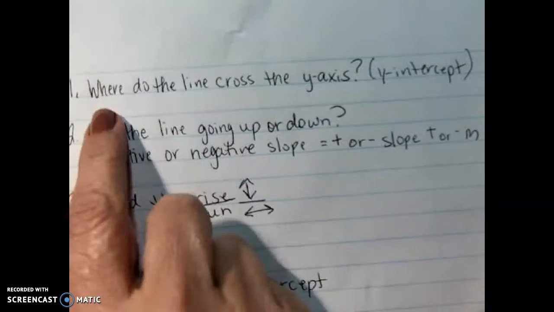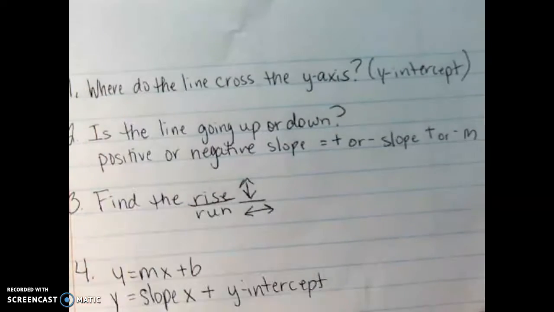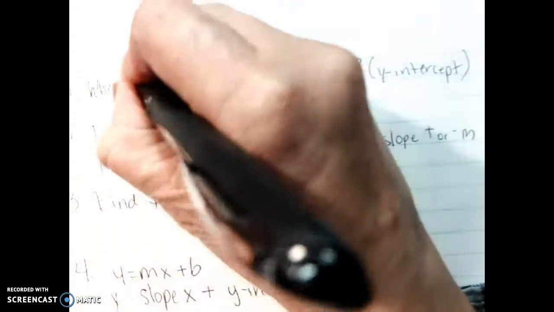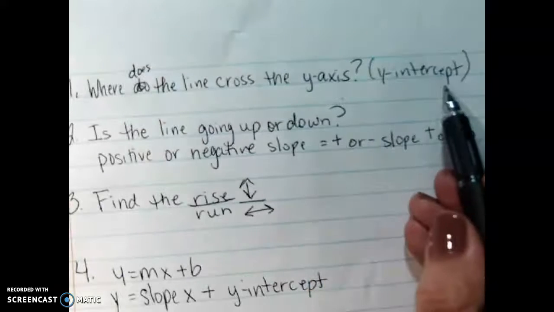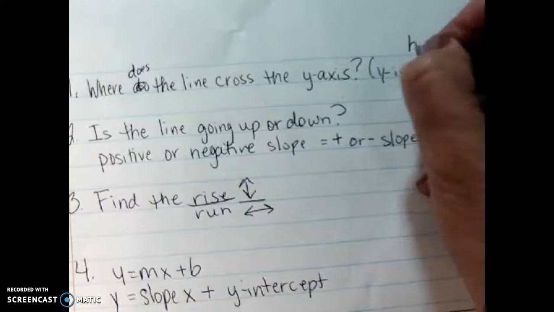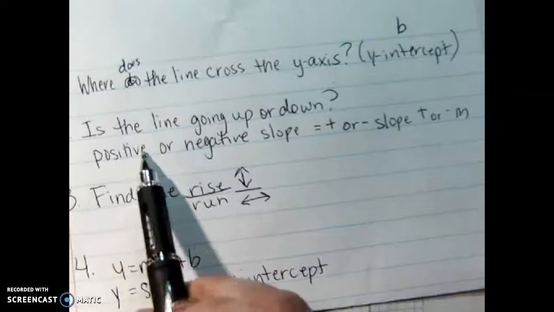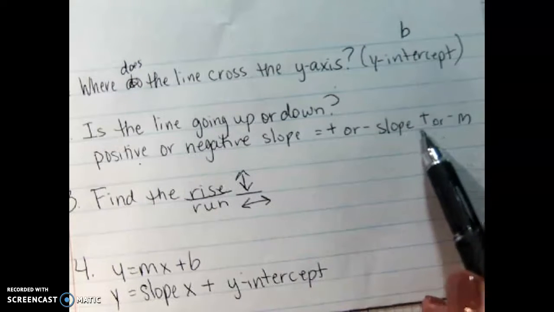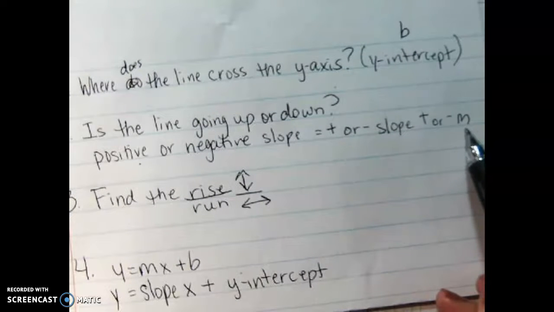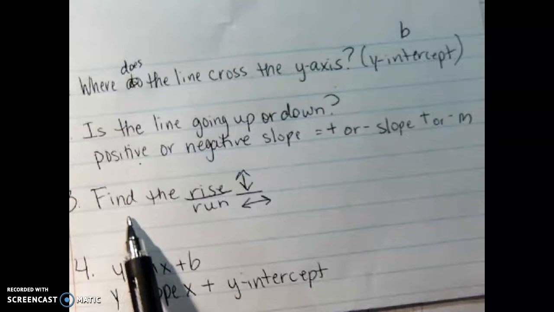The first thing we're going to do is ask where the line crosses the y-axis, and that is the y-intercept, which is the b. Is the line going up or down? Is it a positive or negative slope? So is it a positive or negative m? And then we're going to find the rise and the run.